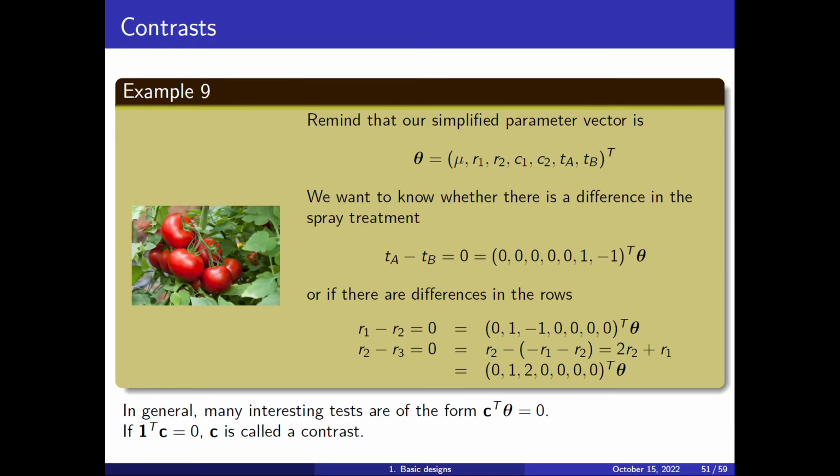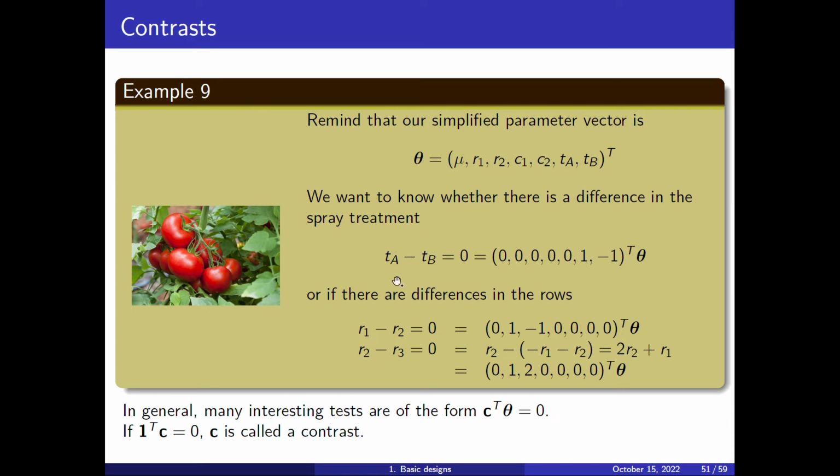Okay, so contrast. What are contrasts? Remind that our simplified parameter vector, the one where we have eliminated the redundancies, is this one. So we don't have R3, we don't have C3 or TC. And let's say that we want to know if there is a difference between the sprays.